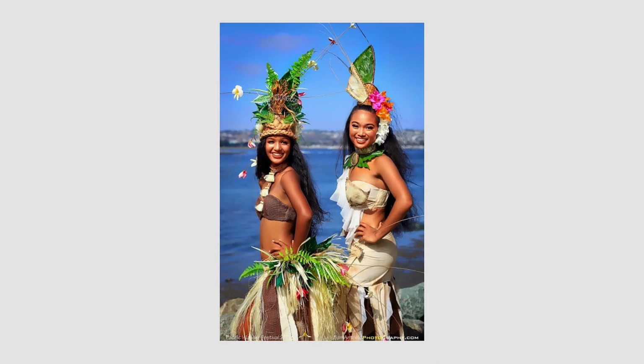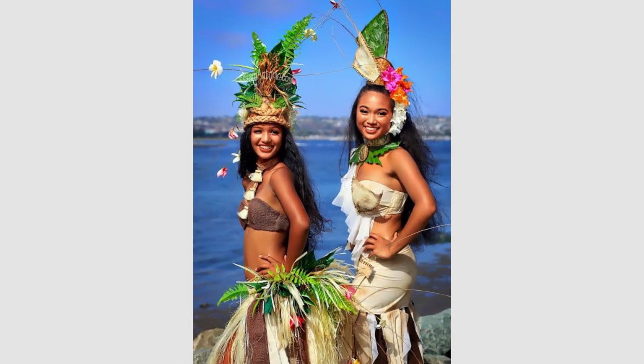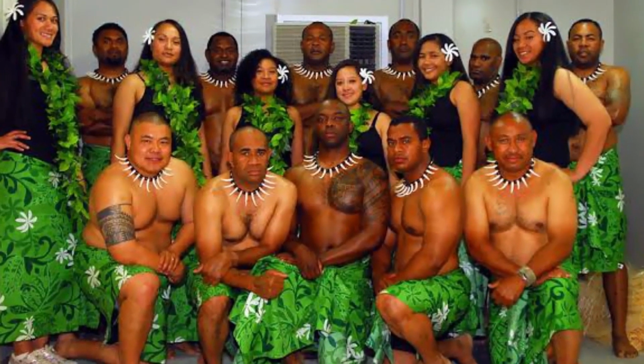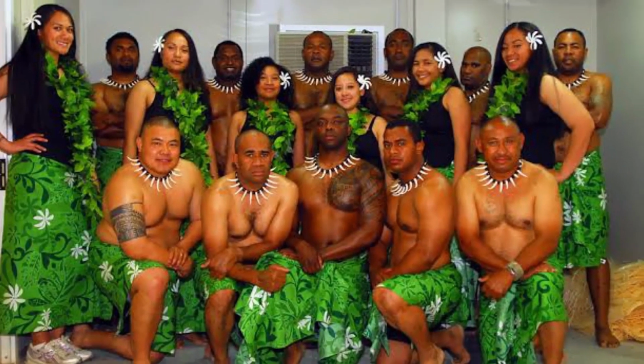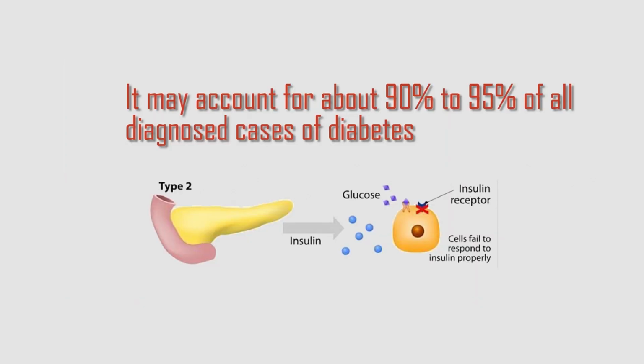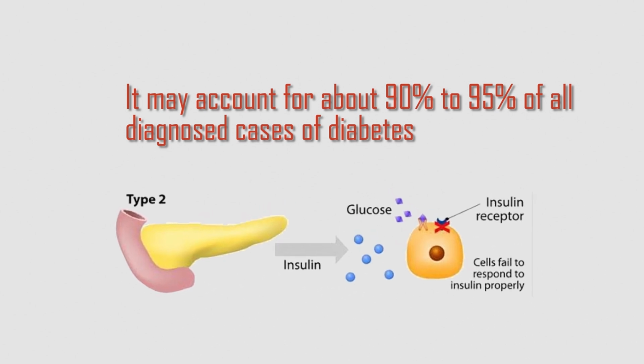And Pacific Islanders are at particularly high risk of type 2 diabetes. The causes are usually multifactorial, and more than one diabetes cause is involved. And physical inactivity, which causes slow healing wounds. Type 2 diabetes may account for about 90% to 95%.